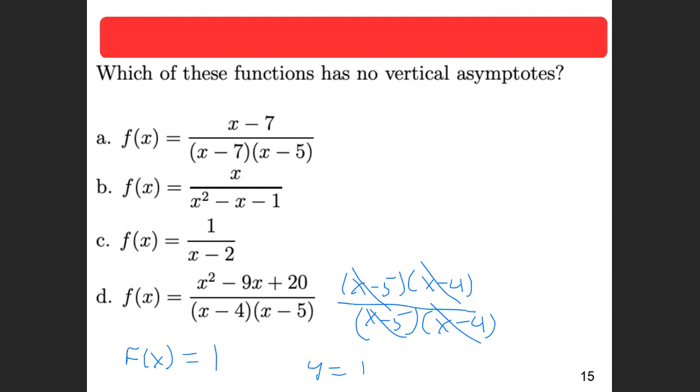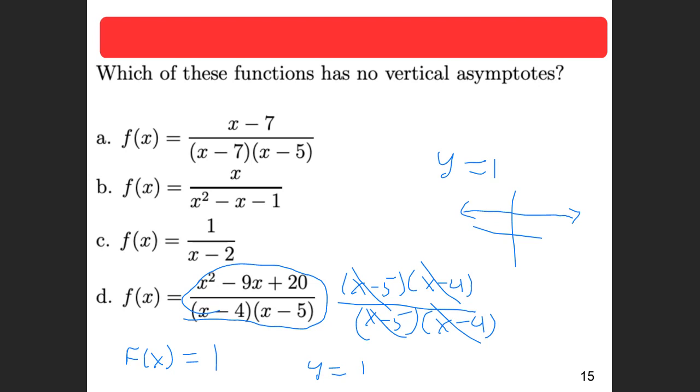If I graph this out, you end up with y is equal to 1. You'd end up with a graph that looks like this. Well, I take that back. If you really understand this, what would my graph really look like?